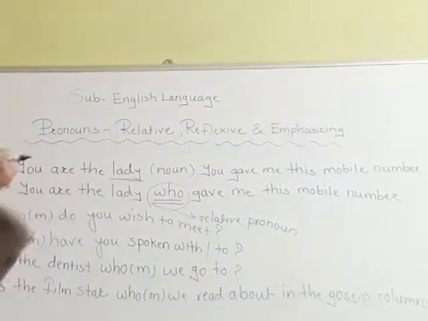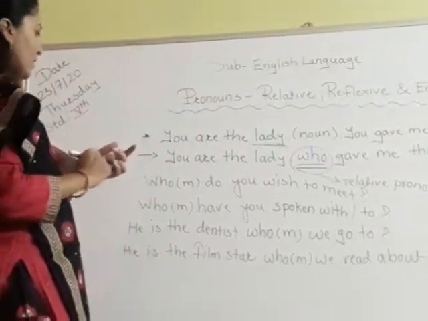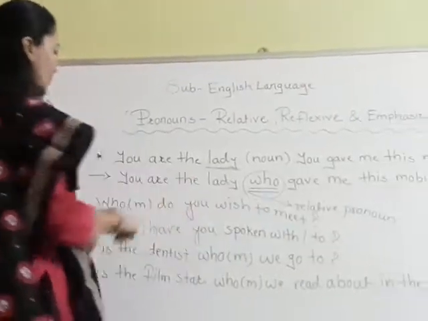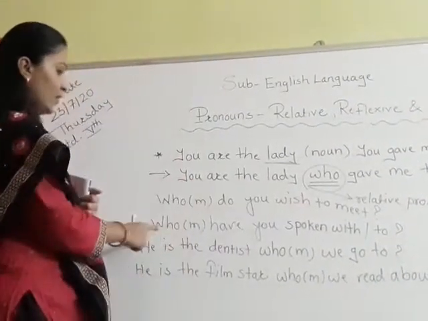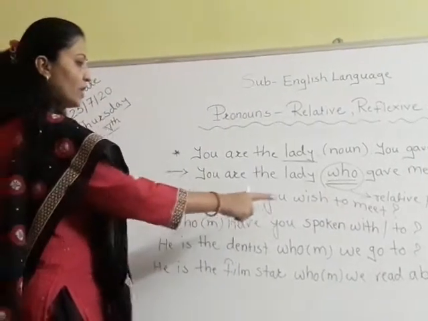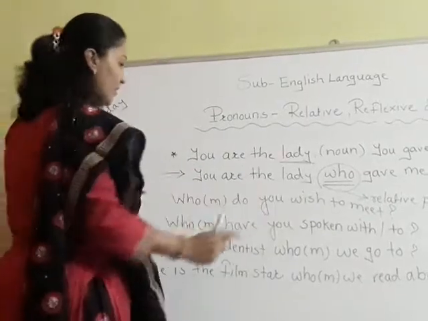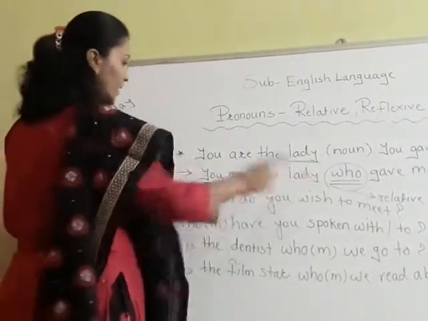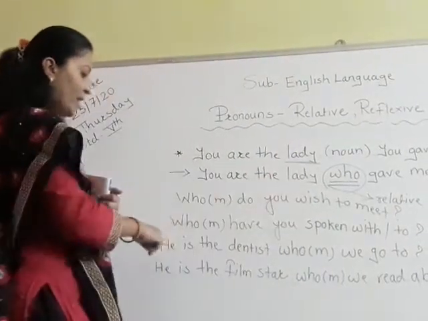Okay. So now see these sentences. Who do you wish to meet? Or we can say, whom do you wish to meet? Who have you spoken to or who have you spoken with? We can say like this also, or we can say whom do you wish to meet or whom have you spoken with or to.